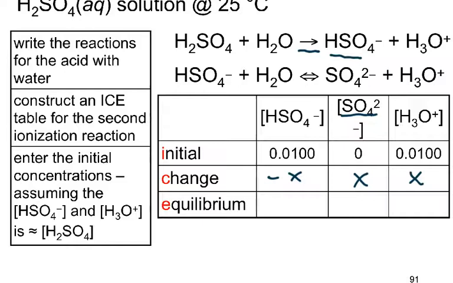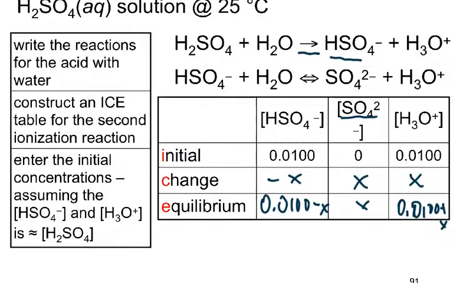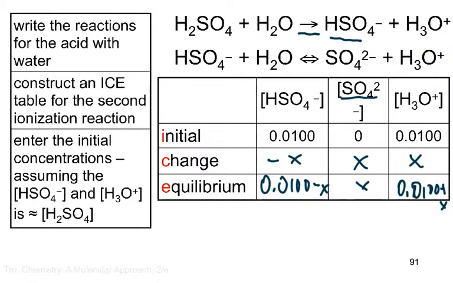So at equilibrium, we're going to be gaining x. Now we're in a situation where we can't use the x is small approximation. We're going to need to solve the equation. Our K value is 1.2 times 10 to the minus 2.